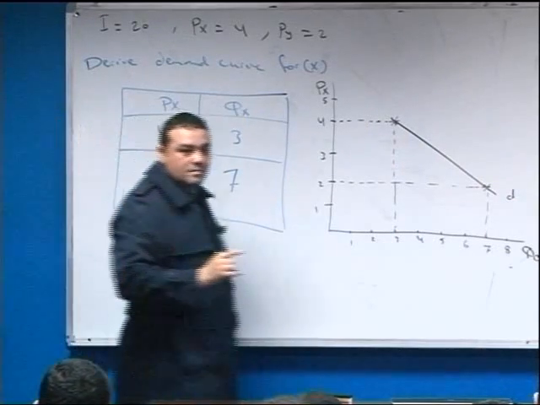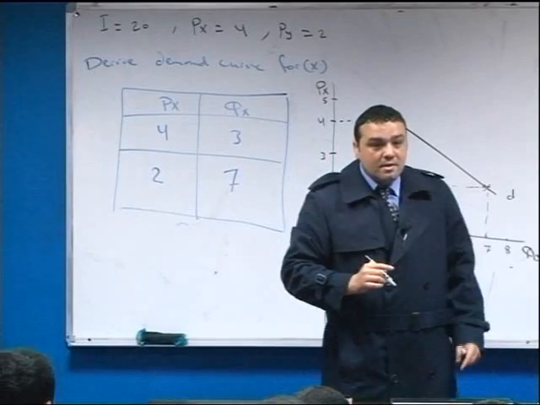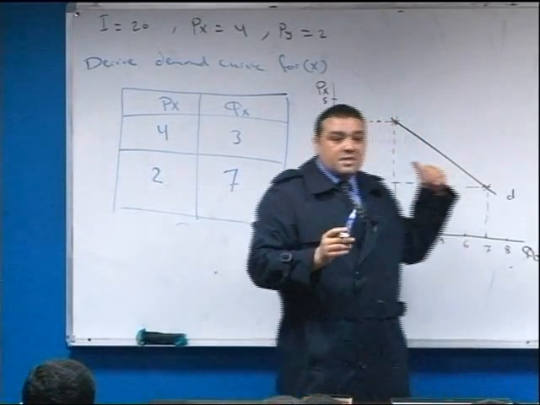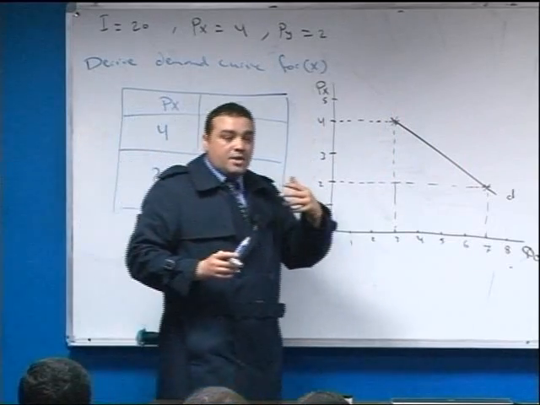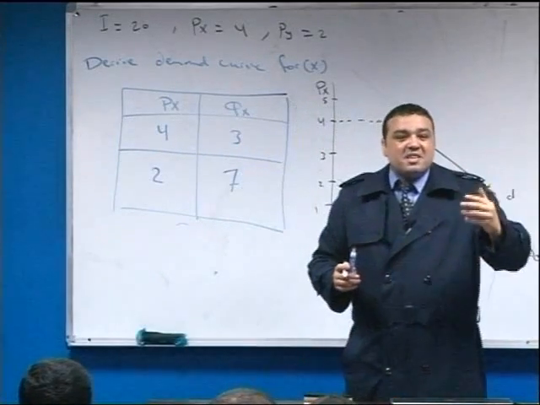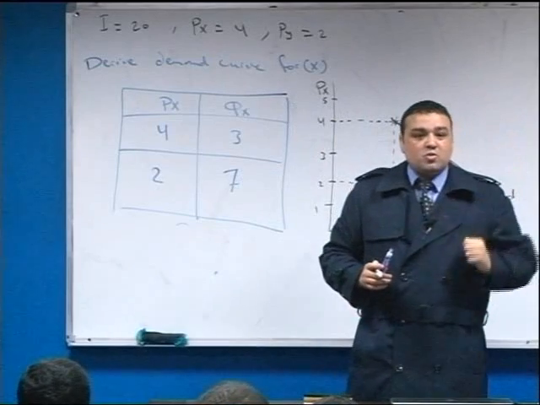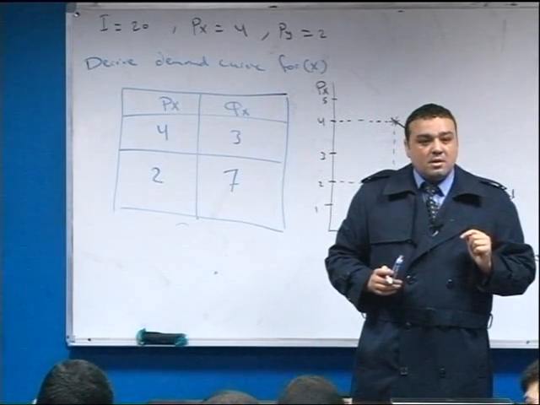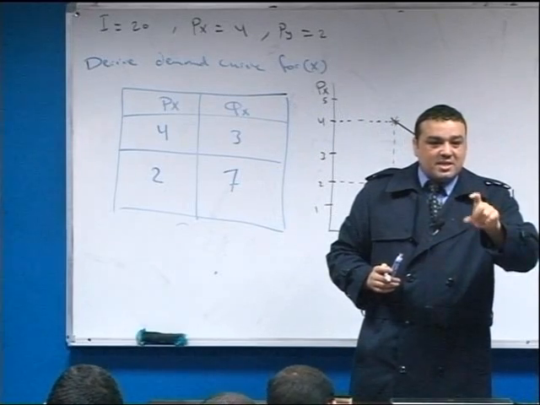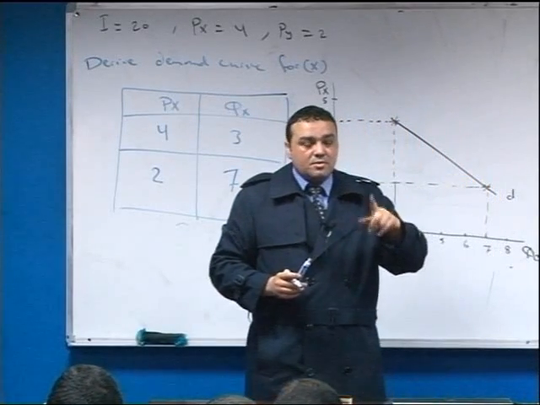Yes, according to our assumption, the exercise or the example, the question was, suppose that the prices of X decline to 2, from 4 to 2. You can come back to the exercise in your table or your notebook.